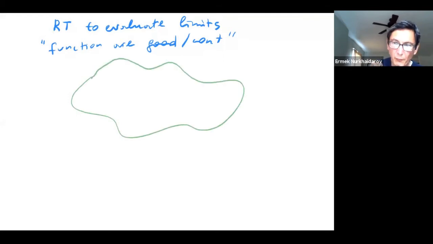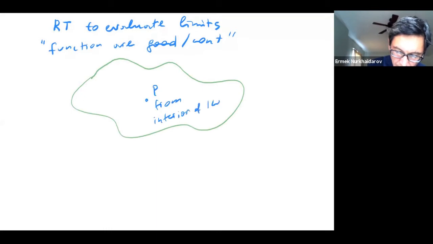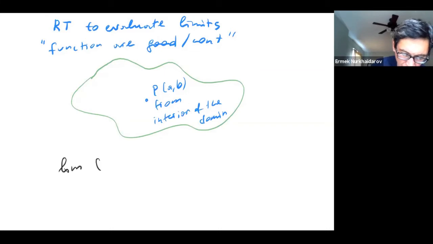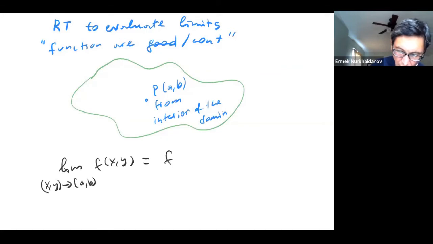And if we pick a point P from the interior of the domain, and point P will have, say, coordinates A and B, and we pick it from inside of a domain, and if we want to take the limit of function f of x, y, when x, y is approaching point A and B, it's going to be equal to the value of the function at A and B.